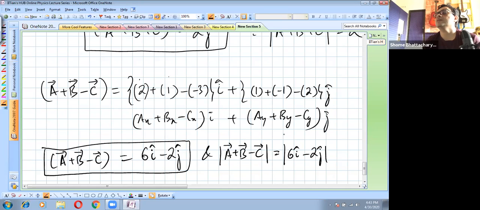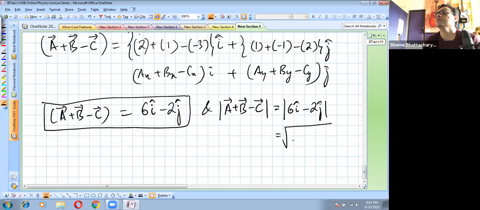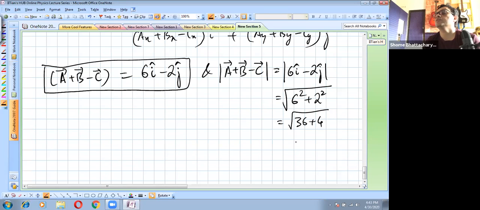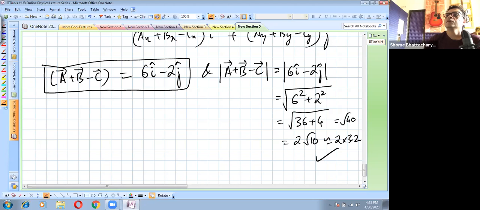As you know, mod just becomes square root of x square plus y square. I'm not bringing in the minus sign here because it's squared, so it really doesn't matter. So 36 plus 4, square root of 40, which you can write as 2 root 10 or approximately 2 into 3.2. This is all just formula based stuff, but we have to know how to do it efficiently so that we can incorporate it in longer questions.